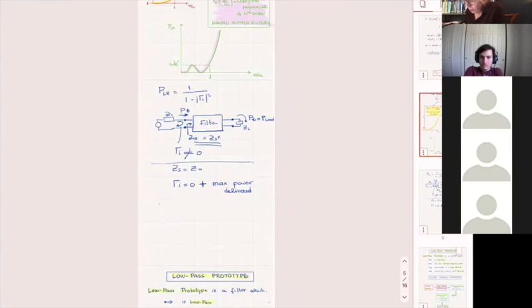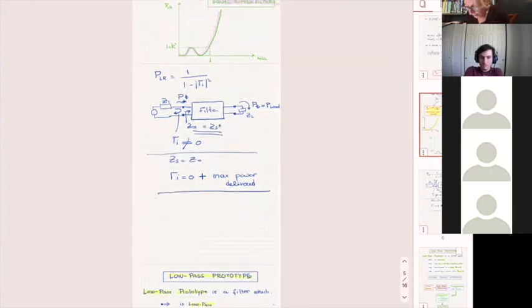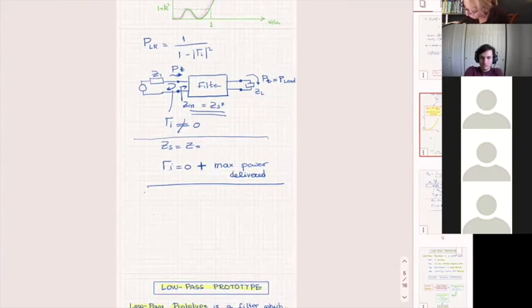Now I spoke about what goes inside your filter. So practically, that was important to remind you, right? So going back to our filter, the power that goes into the load is important to me because I want to deliver things, all right? If you're a receiver and you put a filter, you don't want to lose power in your filter.